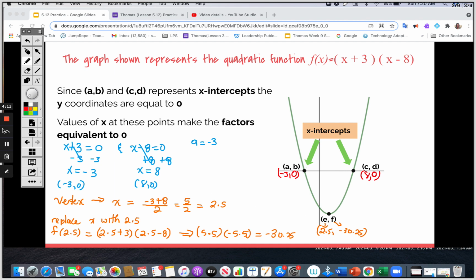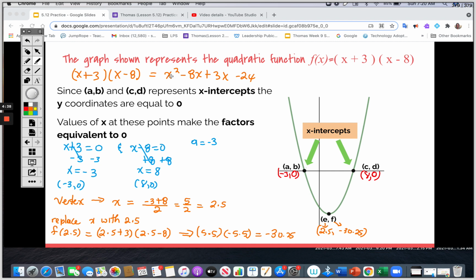The last thing we need to do for this is to find the result in standard form. So we're going to take our x plus 3 and multiply that by x minus 8. I don't have enough space here to use the box method, so I'm just going to use the distributive property. That gives us x squared minus 8x plus 3x minus 24.